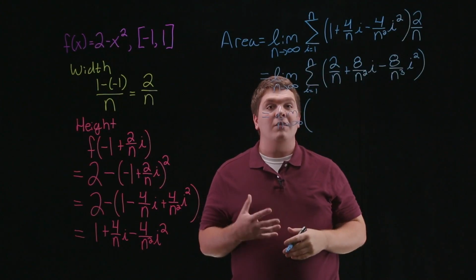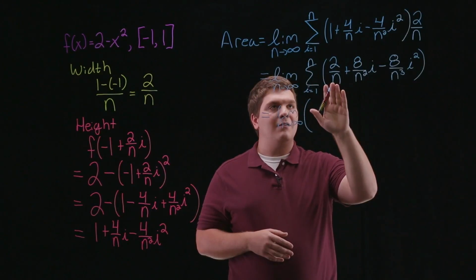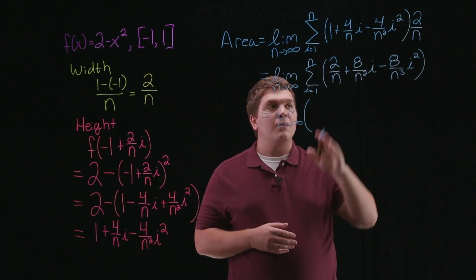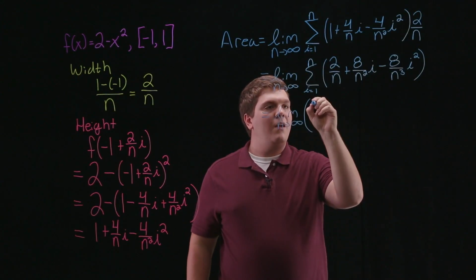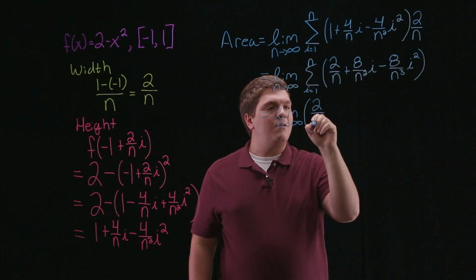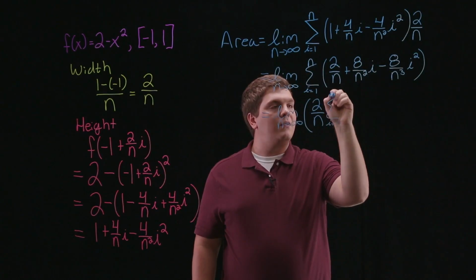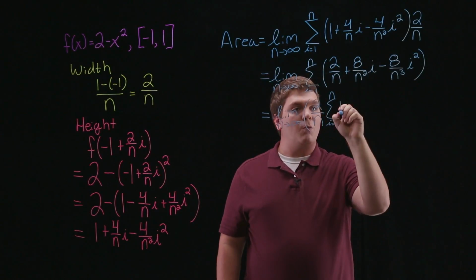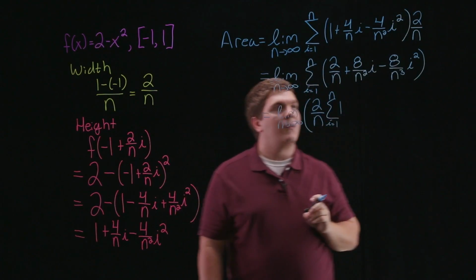Since 2 over n doesn't have an i in it, we can think about it almost as being a constant when we're talking about the summation. So we can pull this 2 over n out in front of the summation, and we can write this as 2 over n times the sum from i equals 1 to n of just 1. So that's what just this piece becomes.